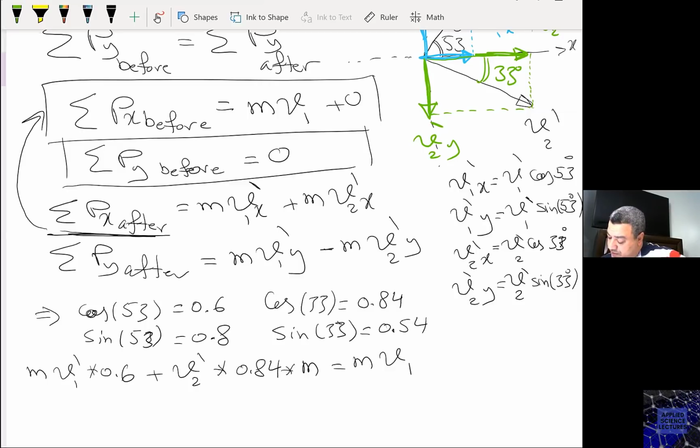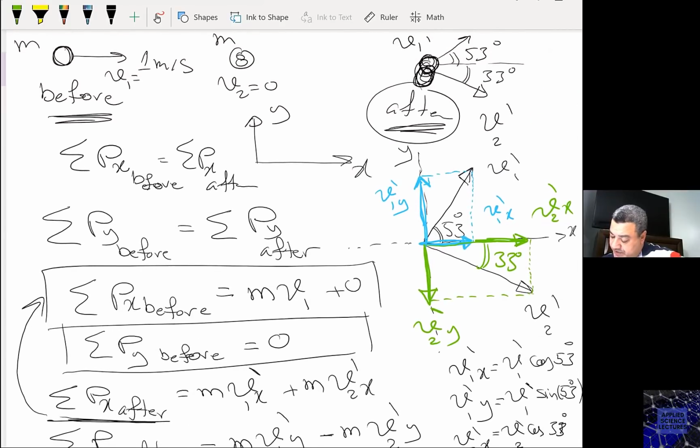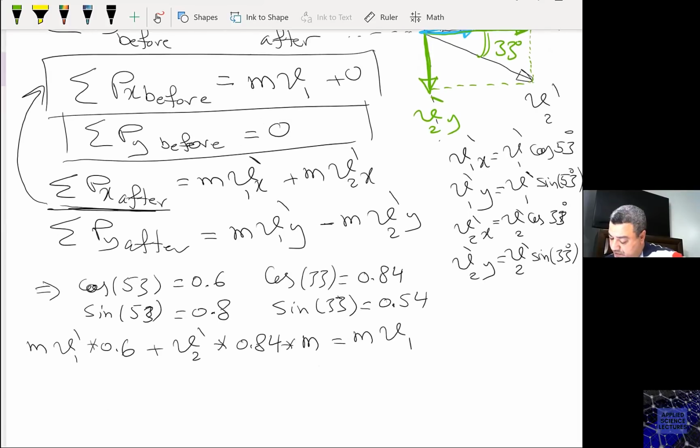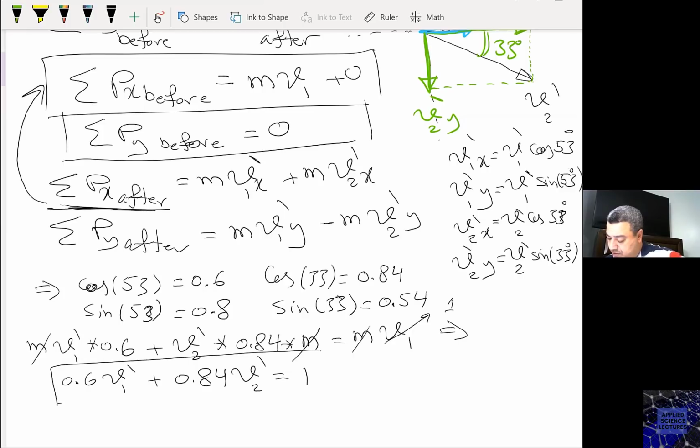Right? v1 is 1 meter per second. So I have here m canceling. This one is also 1. Then I get 0.6 v1 prime plus 0.84 v2 prime equals 1. This is the first equation. Got this one.